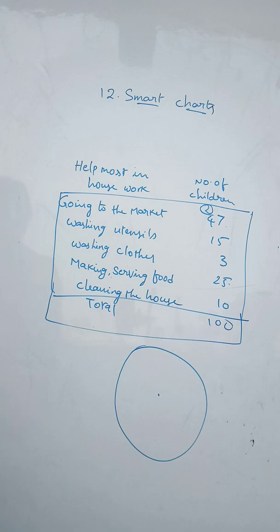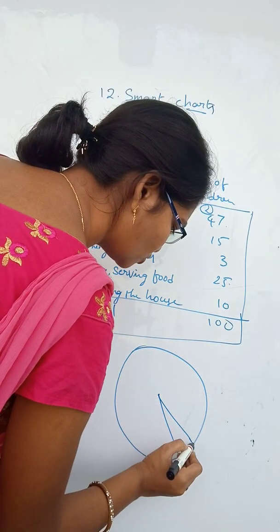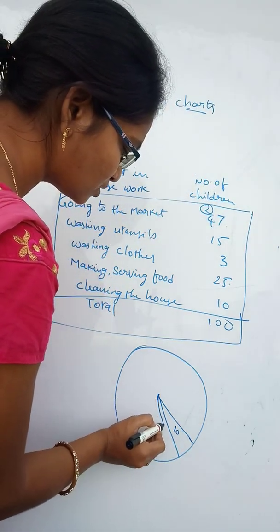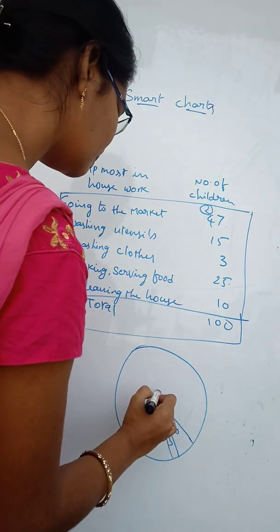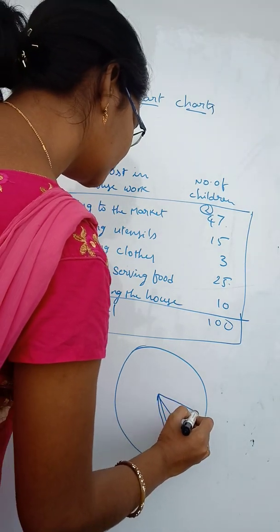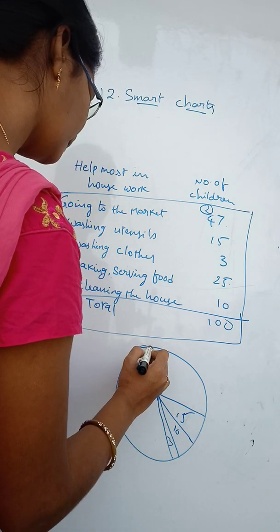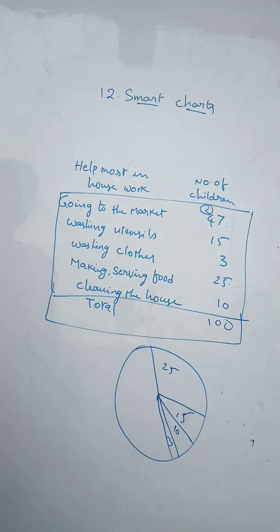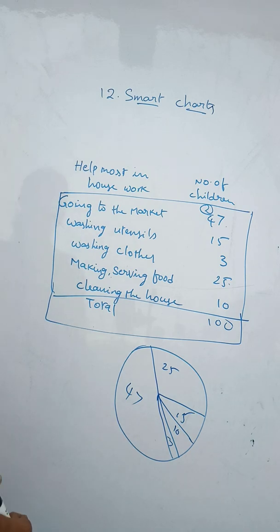Cleaning house 10 members, washing clothes 3 members, washing utensils 15 members, making and serving food 25 members, remaining 47 members are going to market.